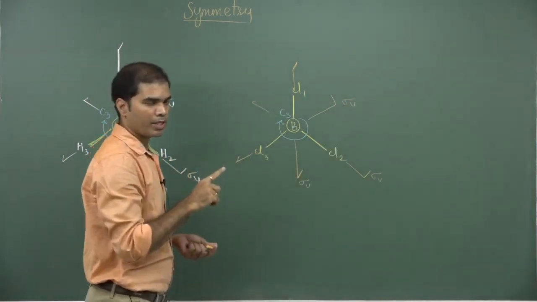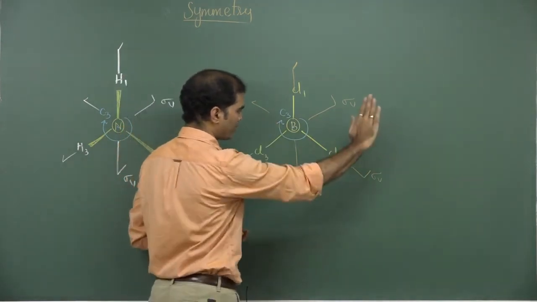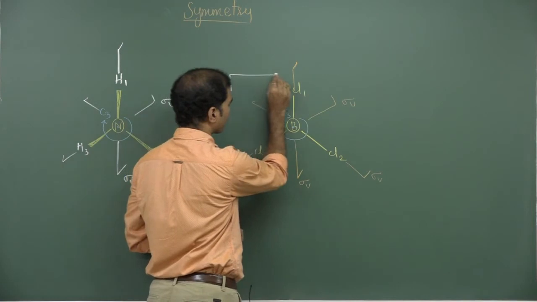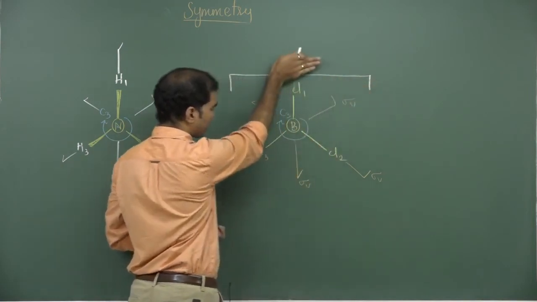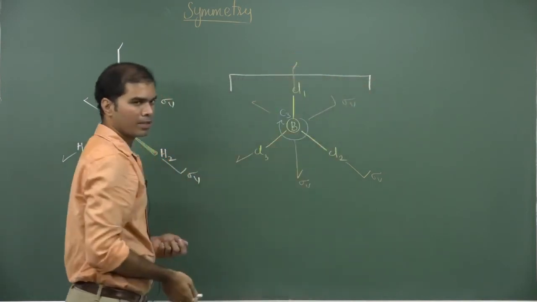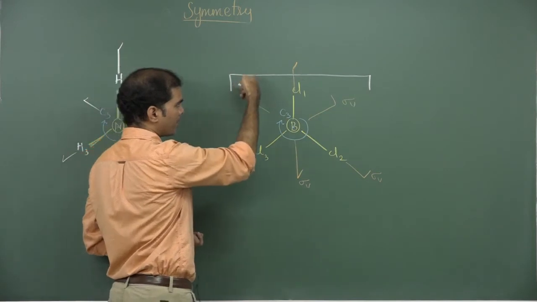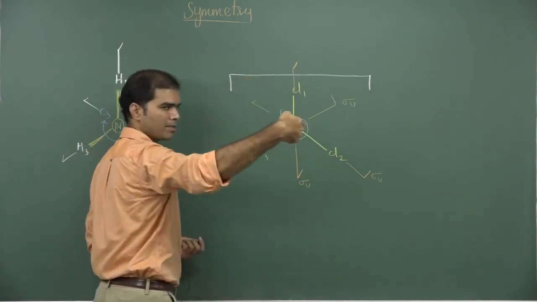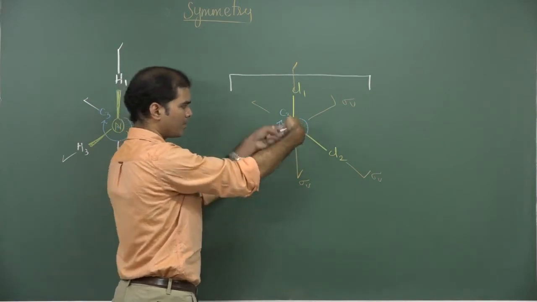We have a molecular plane that is passing from every atom of the molecule. But this particular molecular plane is perpendicular to the principal axis. This is the principal axis and this is the plane.